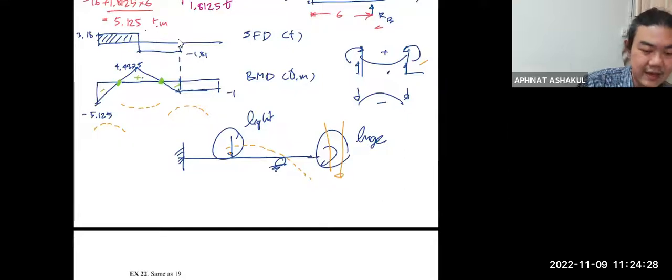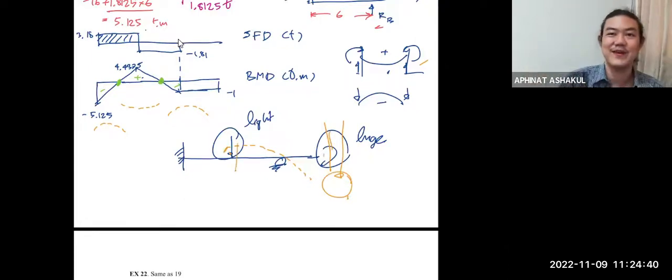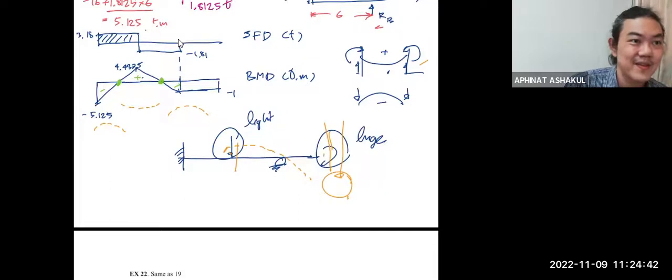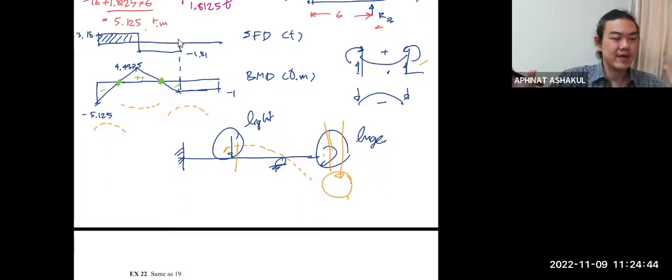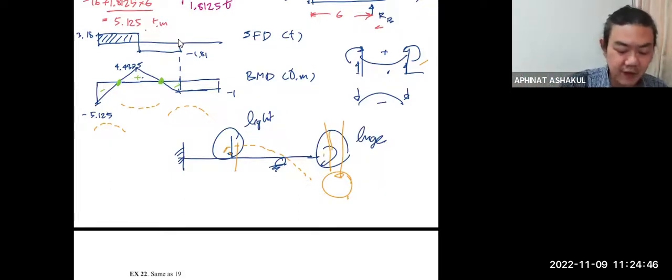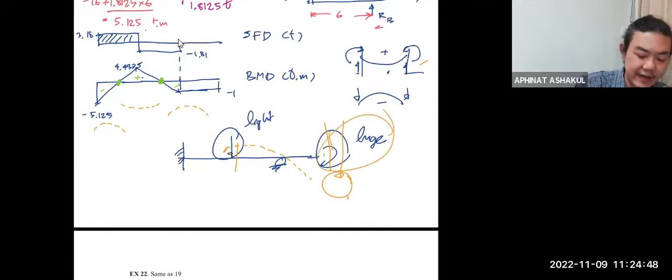Think about, let's say, if your big friend is standing here, your tiny friend is standing in the span. The heavy guy can just jump here and can just push up the very tiny person, right? So it depends on the balance of the load. If the load right here is very heavy, it can push your structure up.